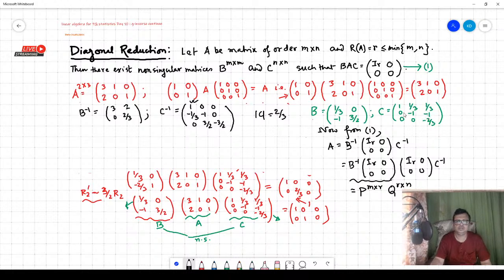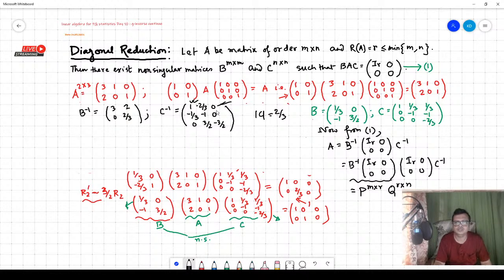So this is 2/3, and this is minus 2/3. Okay, so 1/3 minus 2/3, that is 1. Then 1/3 plus 2/3, 0. So I think the first row is correct.